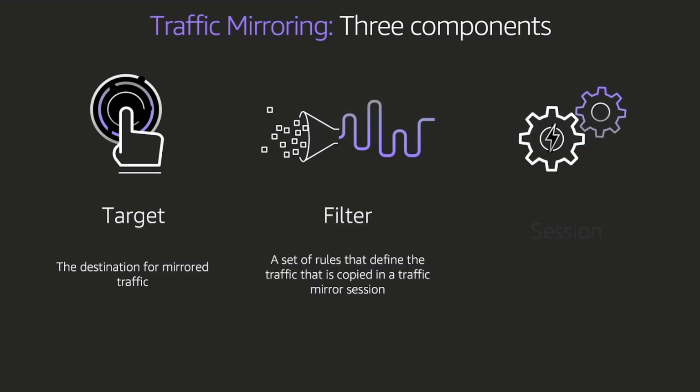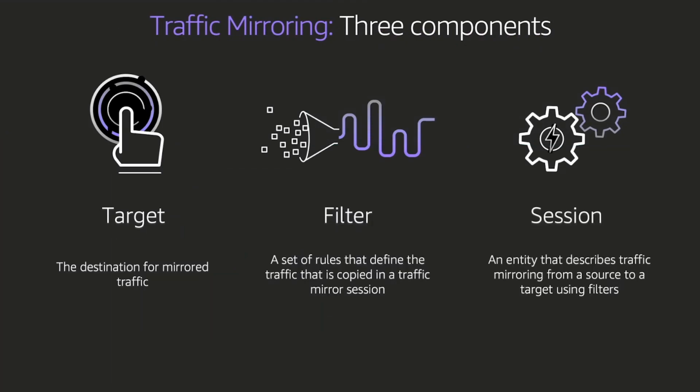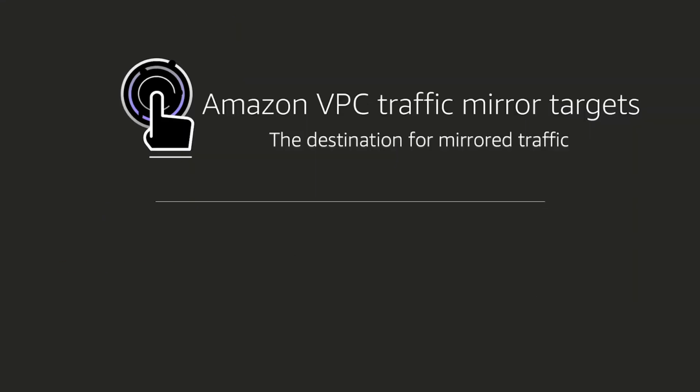Okay, so when we think about traffic mirroring, there's three different components. There's the target, which is really the destination for the mirrored traffic. There's the filter, so you don't have to receive all the traffic, and we'll talk about how you can filter that down. And then there's the session. We can have multiple sessions per EC2 instance to send traffic to different destinations based on a few different attributes. So let's start with targets.